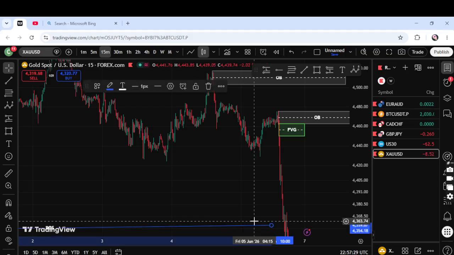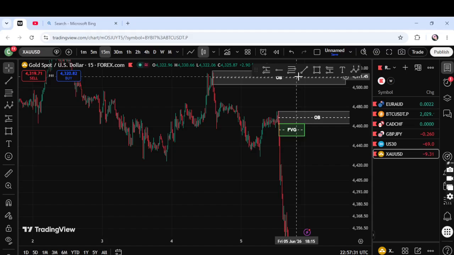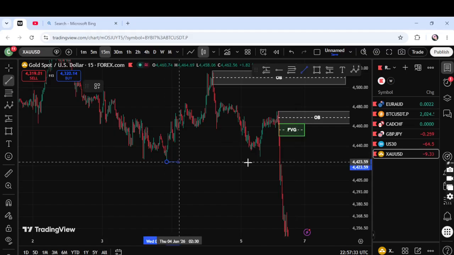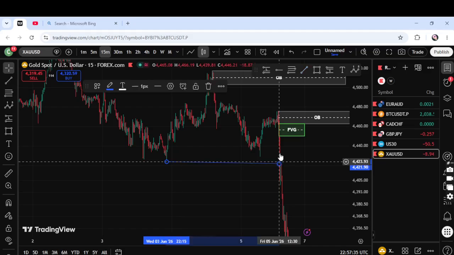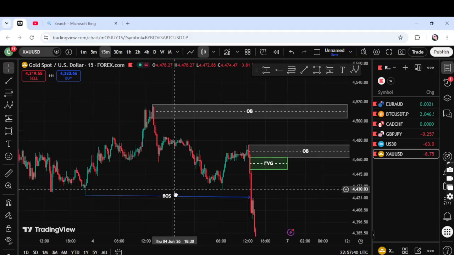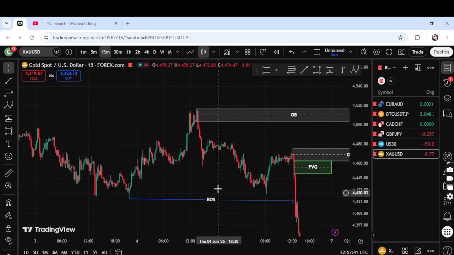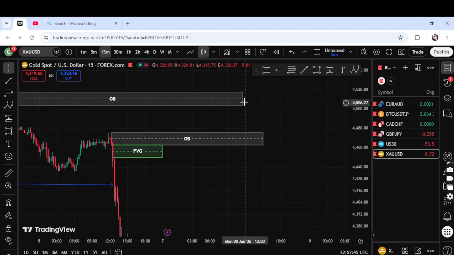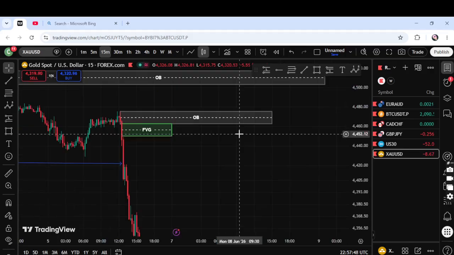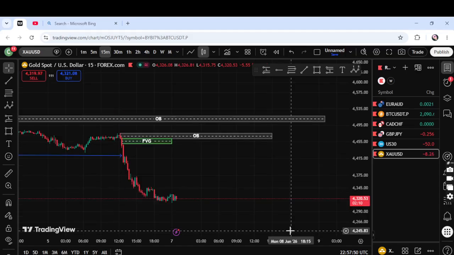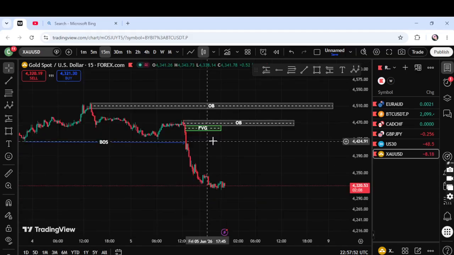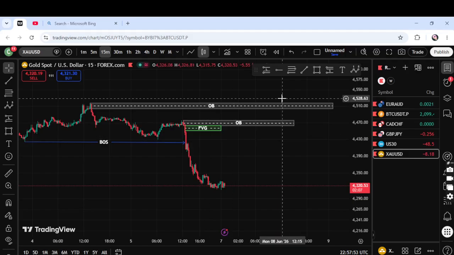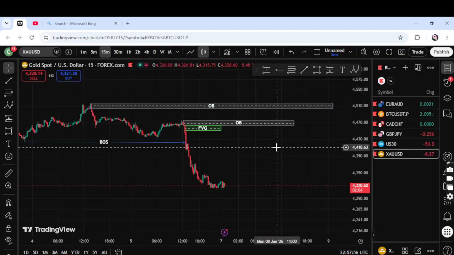So we'll not be waiting for it there. We move aggressively here, but we wait for confirmation here. You understand? We use confirmation here, then we'll position aggressively here.